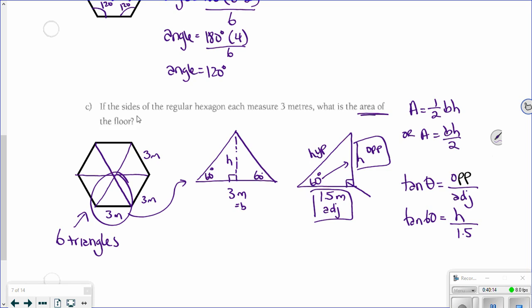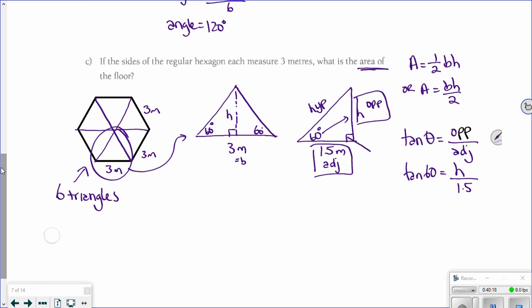To solve for this one, to get the h by itself, I need to multiply by 1.5 because right now I'm dividing by 1.5 and I always do the opposite. So h is going to be 1.5 times tan of 60. And my height is going to be 2.6 meters, approximately.